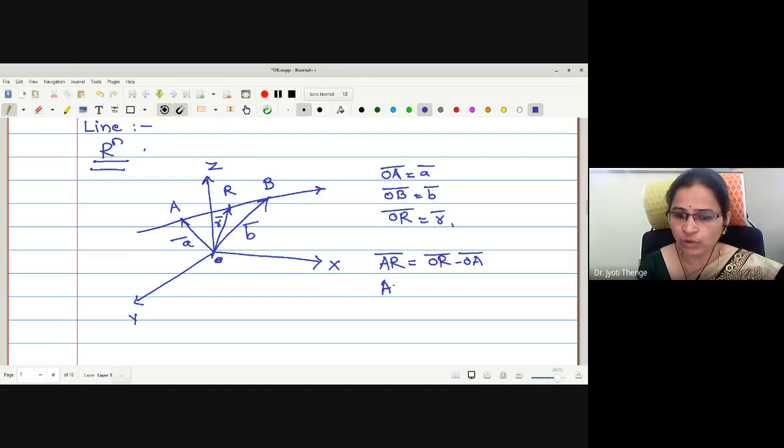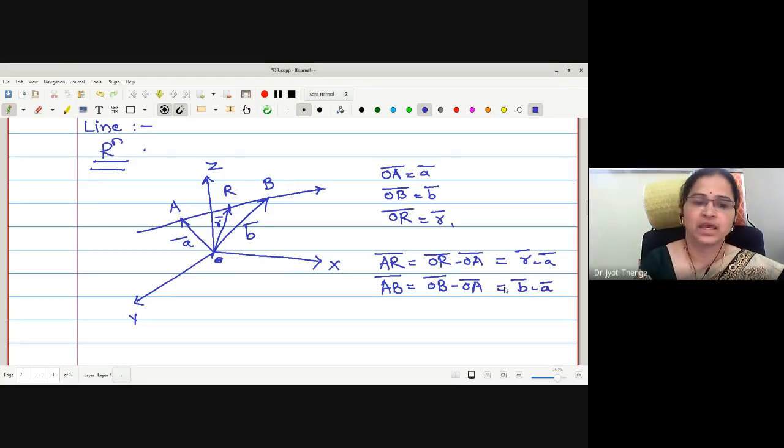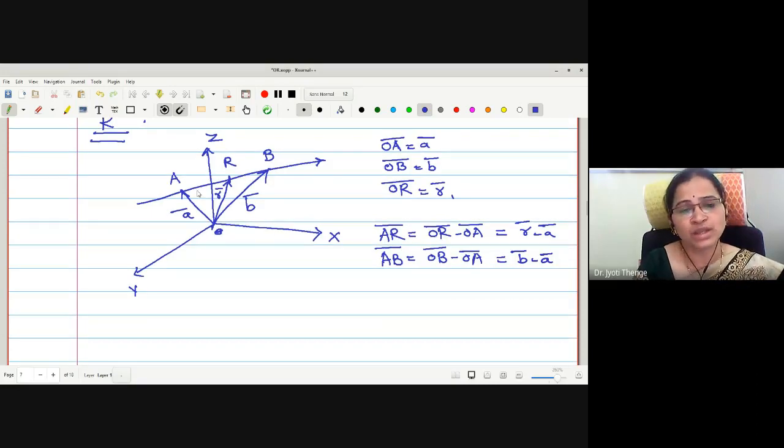Similarly, what about AB bar? Is it OB bar minus OA bar? Therefore, can I write this as R bar minus A bar, and similarly here it is B bar minus A bar. So we have found this. But what are these two lines? These two lines are collinear. Correct? They are going to lie on the same line.